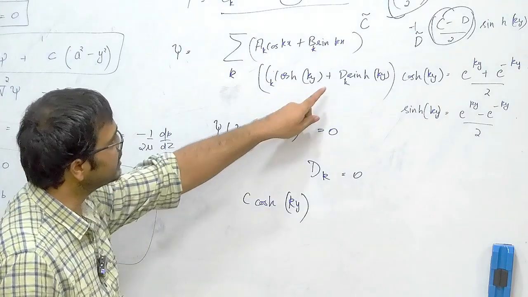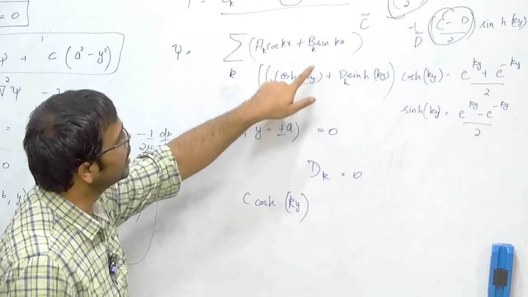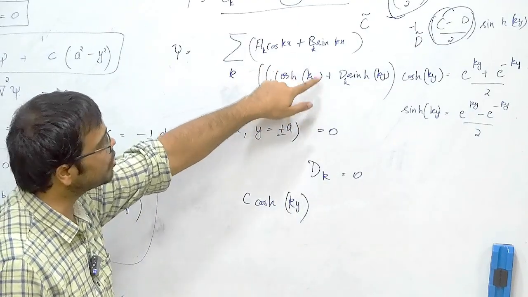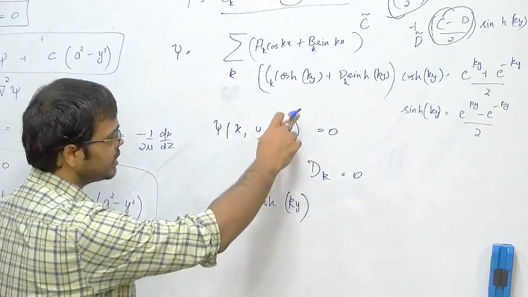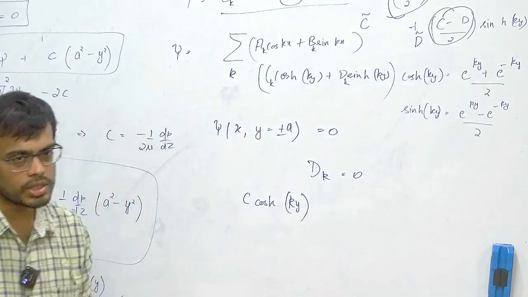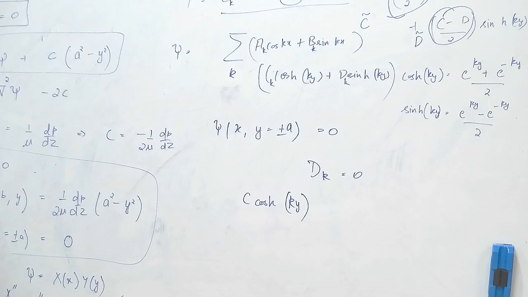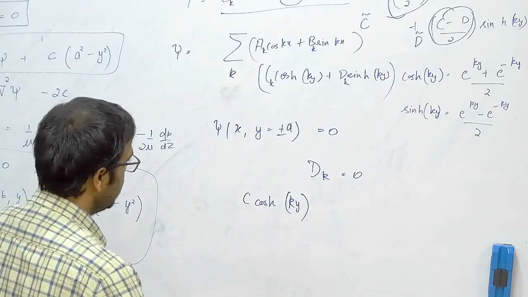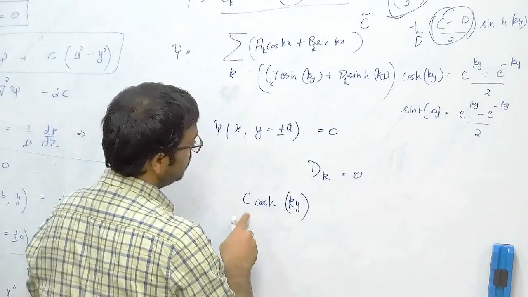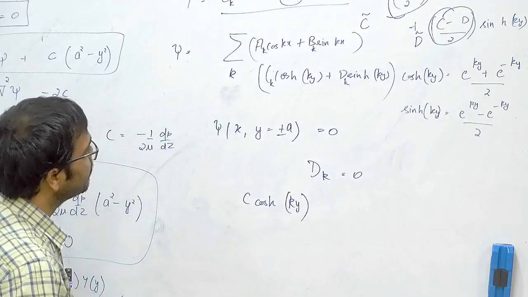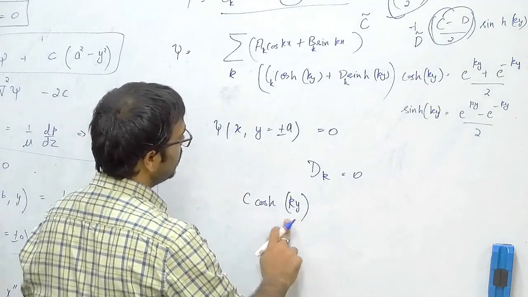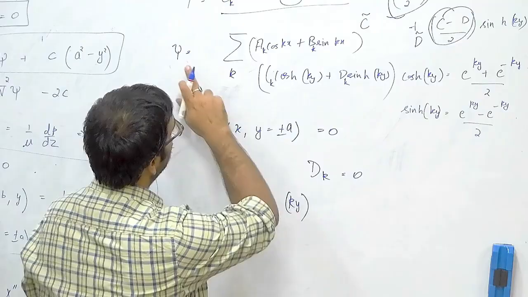So, the idea is that we try to satisfy each solution with the boundary condition in these kind of cases. Whenever there is no possibility of finding the constants by satisfying the whole boundary condition for the whole solution, then you go to the individual solutions and satisfy the boundary conditions. So, we get that all dk's are 0. So, C cos hyperbolic ky, basically that is the variation of your psi.